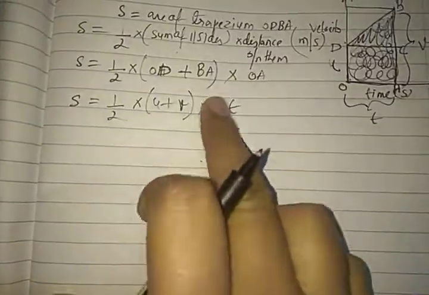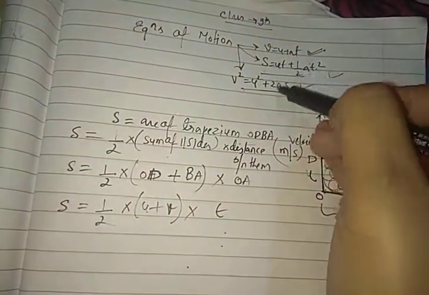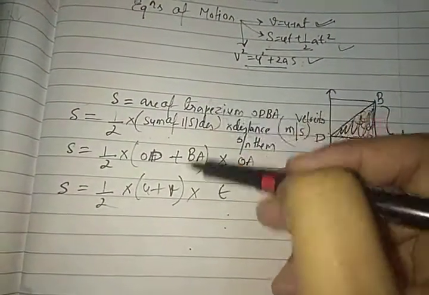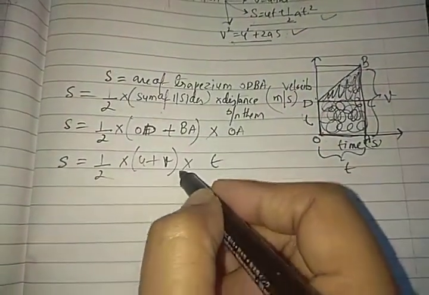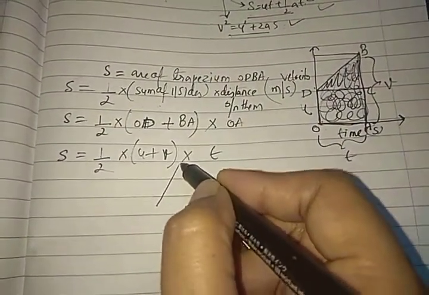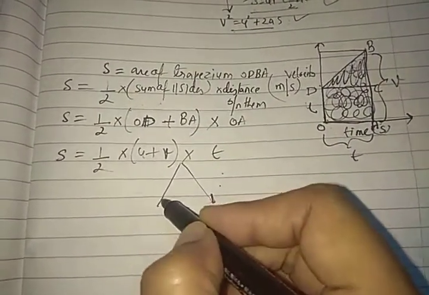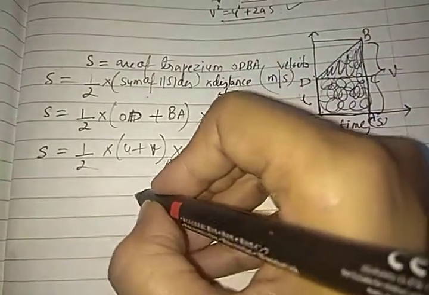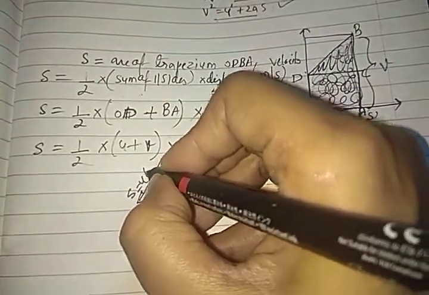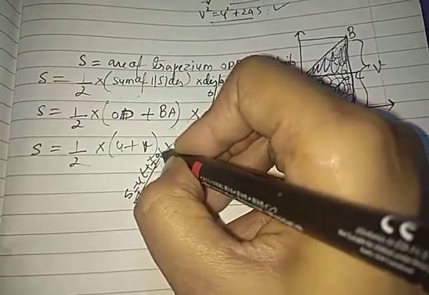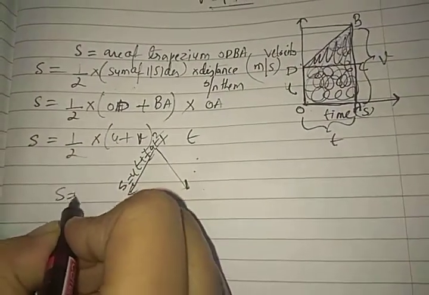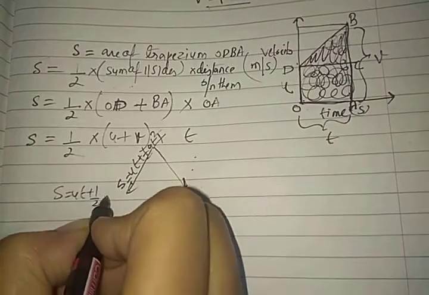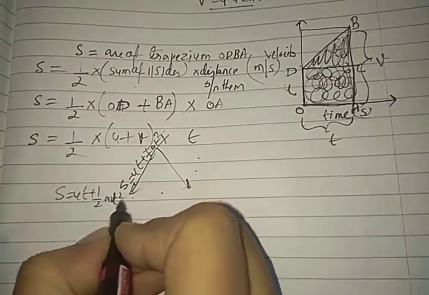Up to here, the derivation will be the same for both equations. Now from here it will change. If we are deriving s = ut + half at square, then this is the one.